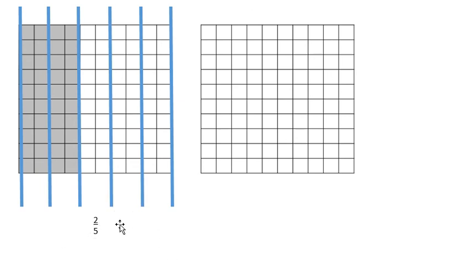However, I could rewrite this in a different way. When I shade in these 2 strips like this, I also am shading in 10, 20, 30, 40 squares. So that would be my numerator. I could take that and move it into an equivalent fraction.